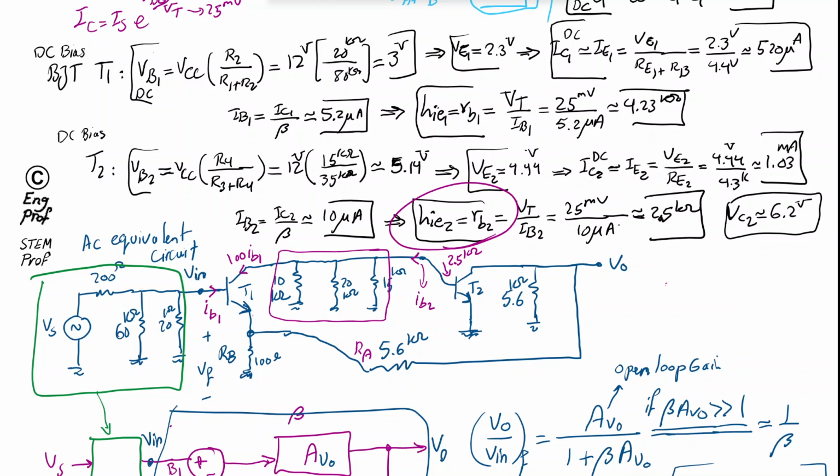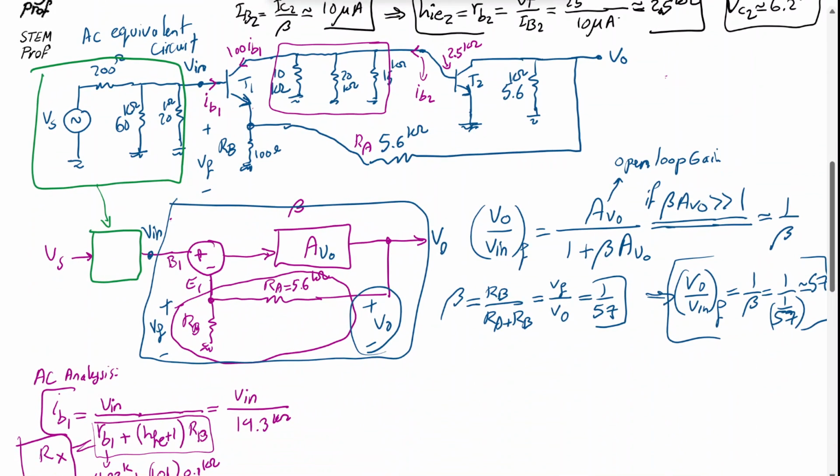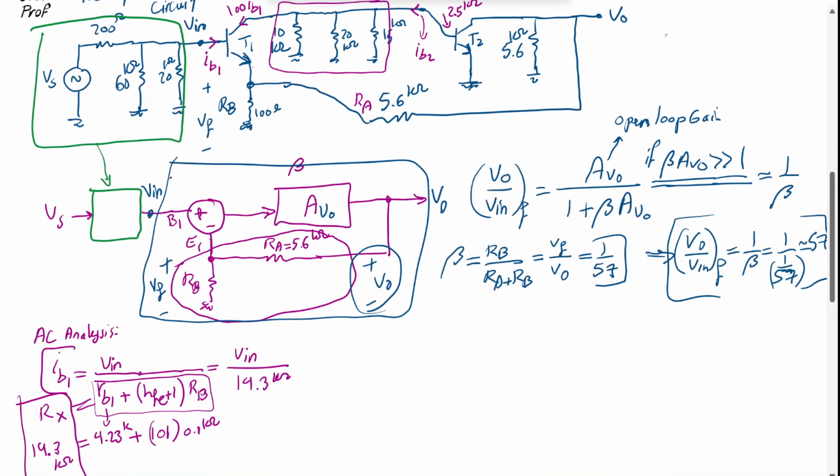So that shows again why we needed to do the DC bias analysis, not only as a sanity check, but also for finding these input impedances, the hybrid impedances HIE of the transistors.